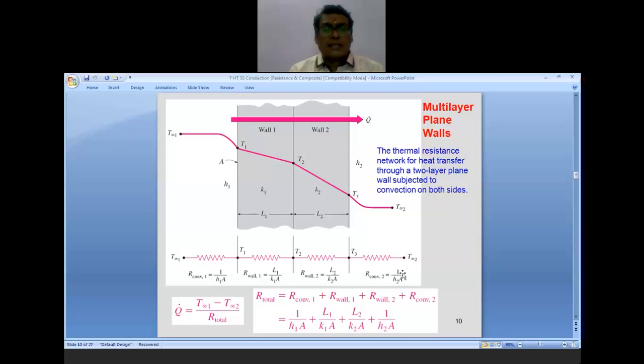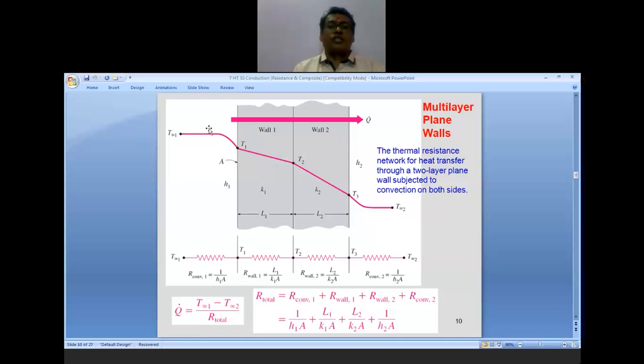So the total resistance is associated with the temperature T infinity 1 and the temperature T infinity 2. So all four resistances are to be taken into account.